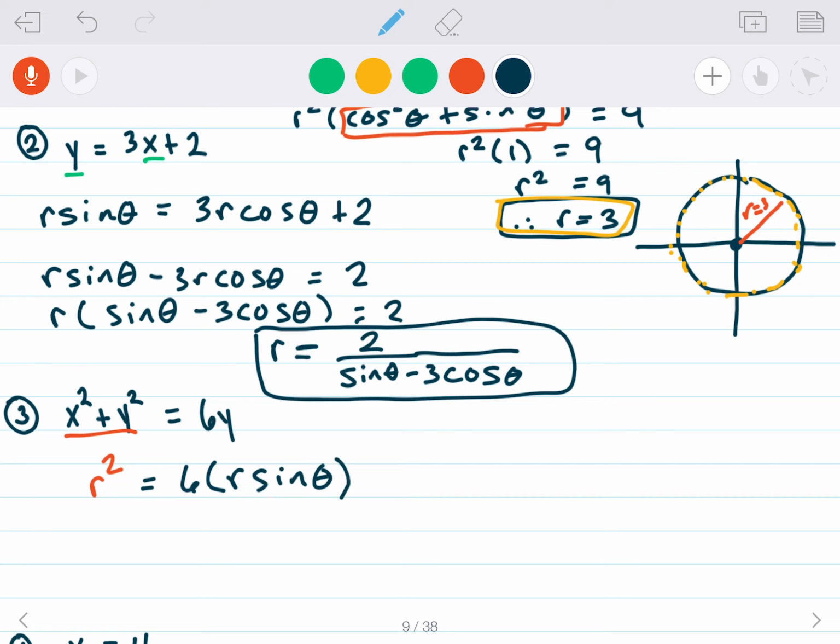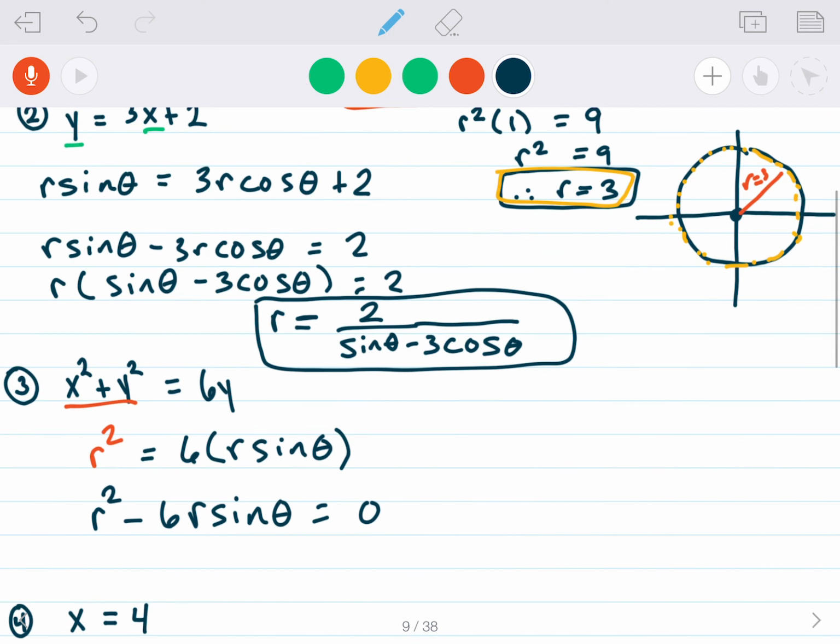And what I can do, if I want to isolate r, is subtract that 6r sine theta from both sides. And I get this. And now I can factor out an r.